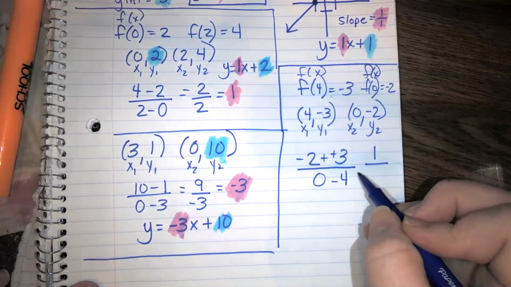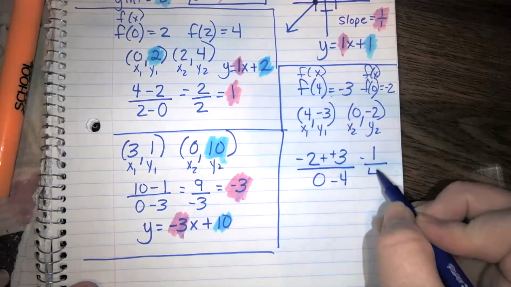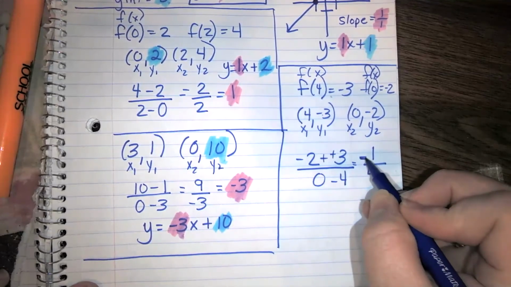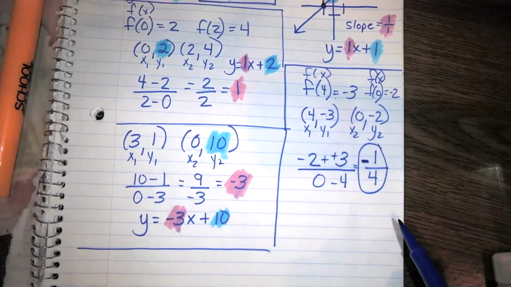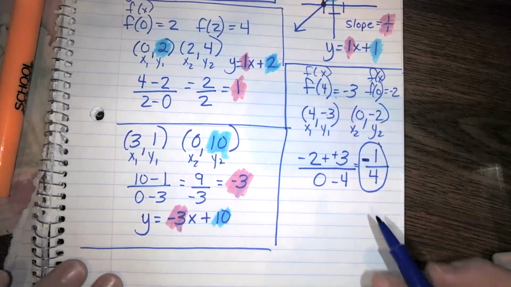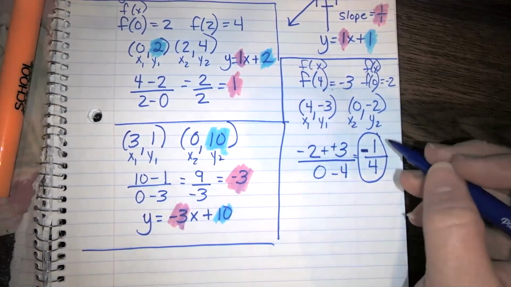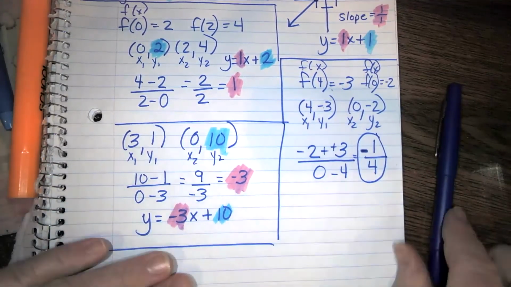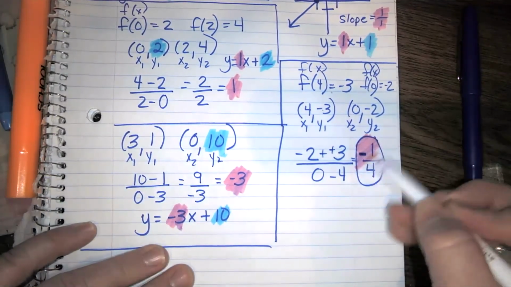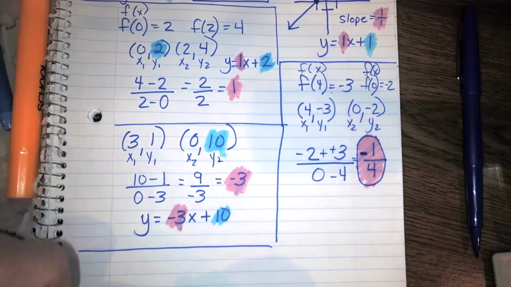And 0 minus 4, that's a negative 4. Now, notice what I did. I switched that negative from the bottom up to the top because that's what I always do. I always put my negative up on top. So I work with up or down, and then I always slide to the right. Okay, that's my focus when I'm graphing. All right, there's my slope.